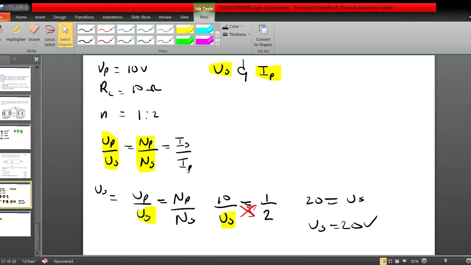Alright, remember, in order to find Ip, you will use Is over Ip for this formula along with one of the other two. I'm going to use the voltage. But since we don't have Is, we'll have to solve for Is first. And here is how we do that.